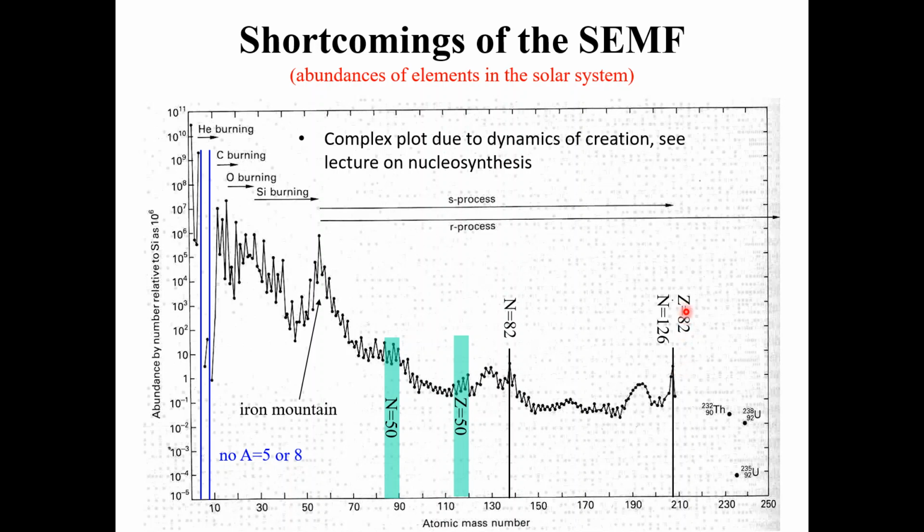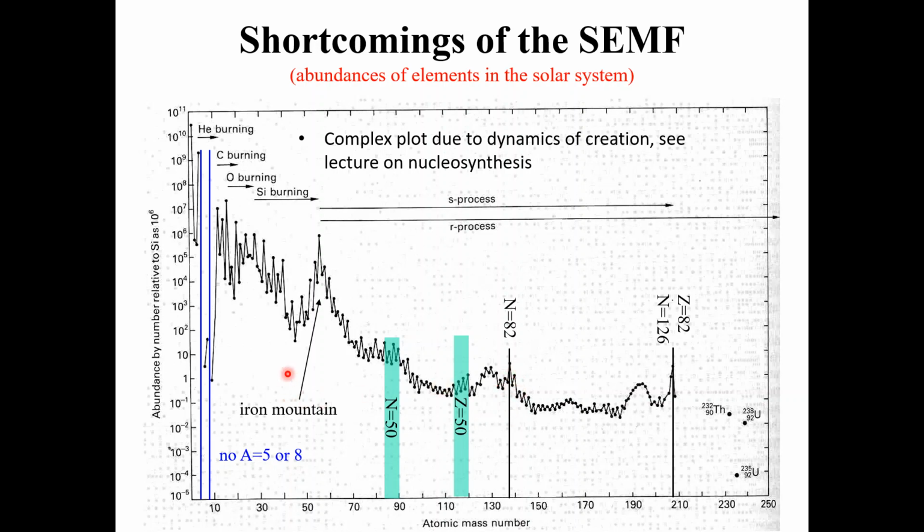It's magic number 82 for the protons and magic number 126 for the neutrons. Here you can observe that whenever we have magic number 82 for the neutrons, we again get the tooth-like structure that we already discussed on the previous slide.